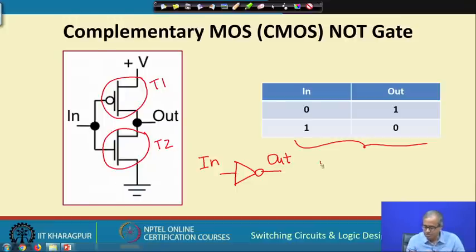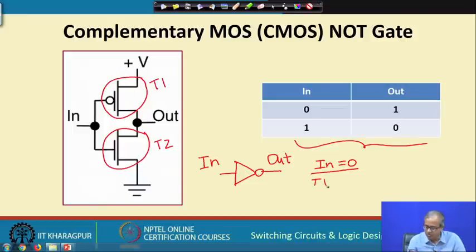Let us suppose my input voltage is 0, that means low voltage. For input voltage 0, as we have seen, the N type transistor would be off and its switch will be open, and the P type transistor will be on.